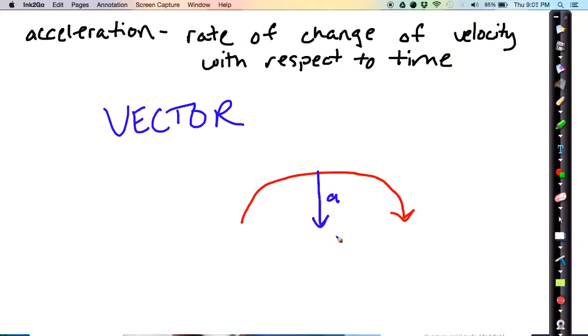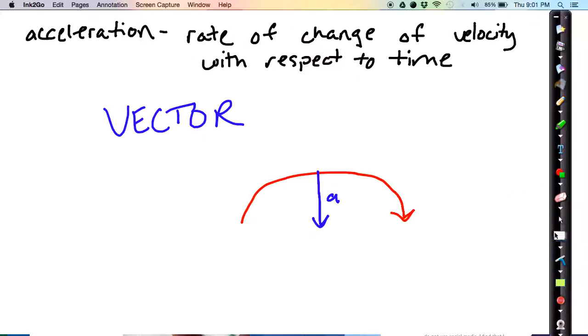We call this a centripetal acceleration. So anytime an object changes direction, it is in fact accelerating. And this is consistent with what we talked about earlier with velocity, that in order for velocity to be constant, it has to have both constant speed and unchanging direction.